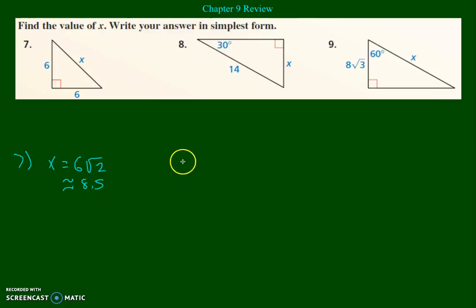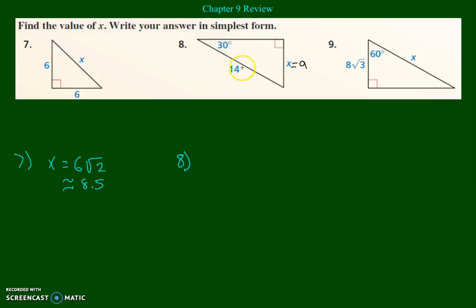Alright, let's go ahead and work problem 8. Problem 8 is a 30-60-90 right triangle, and so we know that the relationship here is the side opposite the 30-degree angle is A. So let's just write that in here.